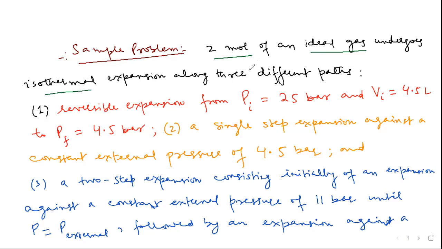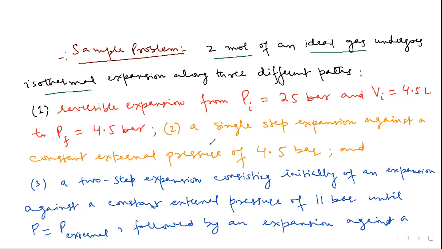Now, this ideal gas undergoes isothermal expansion along 3 different paths. That means in 3 manners. In first one, it follows a reversible expansion from Pi equal to 25 bar, Vi equal to 4.5 liters. That means Pi and Vi are its initial pressure and volume. It goes to the final pressure 4.5 bar, right?